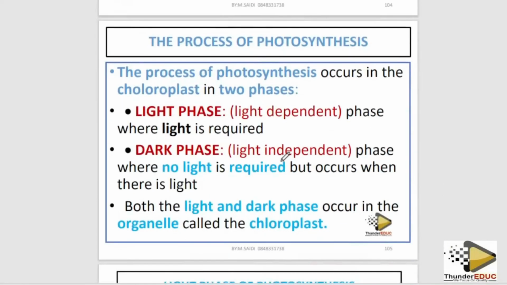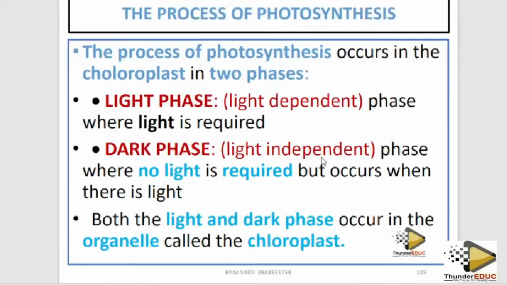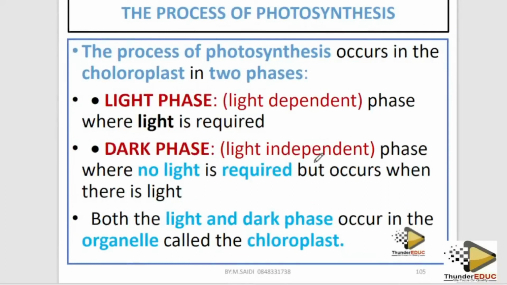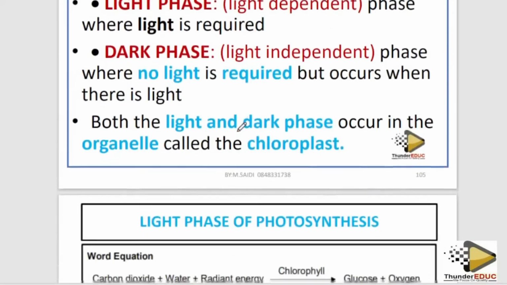Let's go to the light-dependent phase, the phase which requires light, and the dark phase, what you call the light-independent phase, the phase that doesn't require light. What happens in the light phase and what happens in the dark phase?